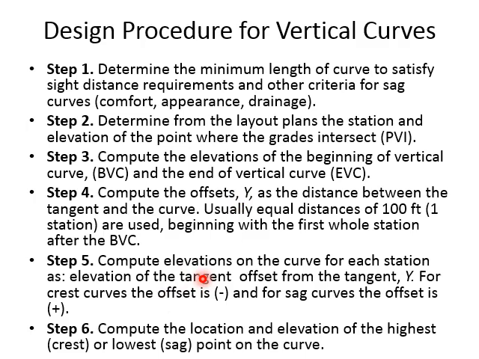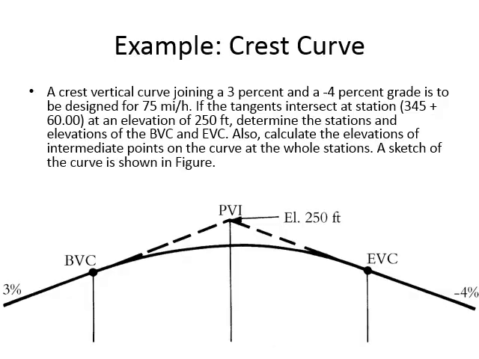So again at each station from the beginning of the curve, first of all find out offset, then elevation of the tangent or the gradient, and then you will find out the elevation of the curve. Okay, so let us apply these steps.